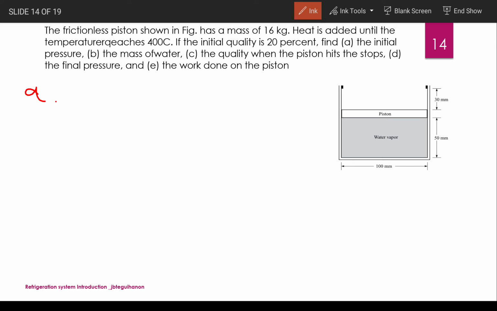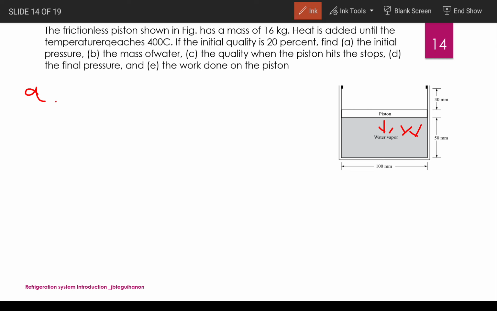What we have is the weight of the piston going down, so call it the weight of the piston, and of course we have the pressure, or the force going up, F.